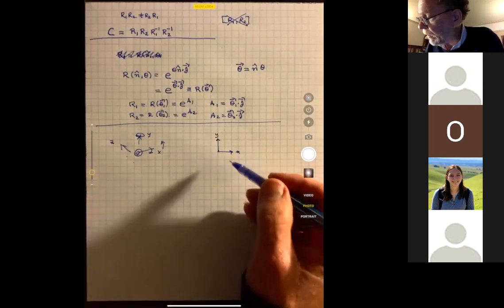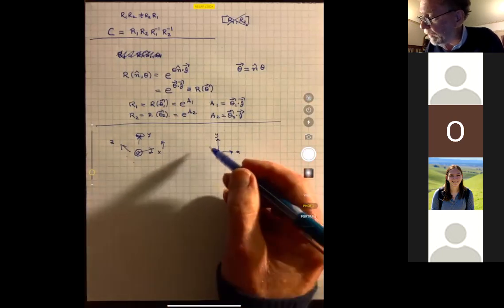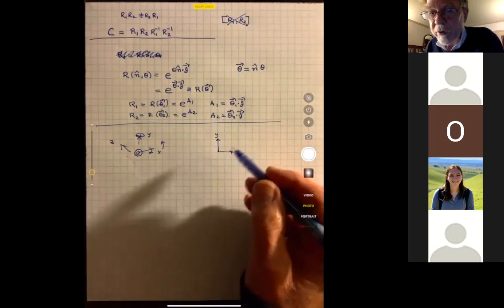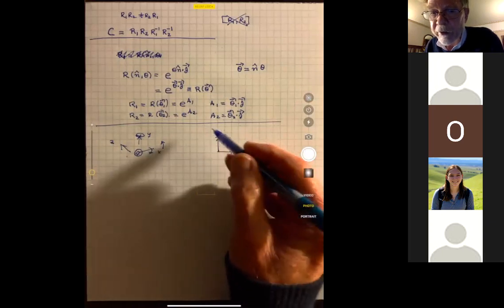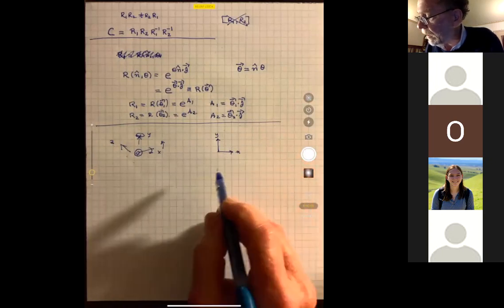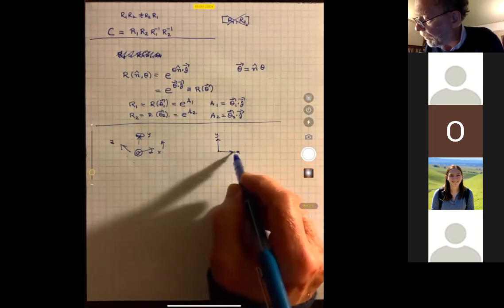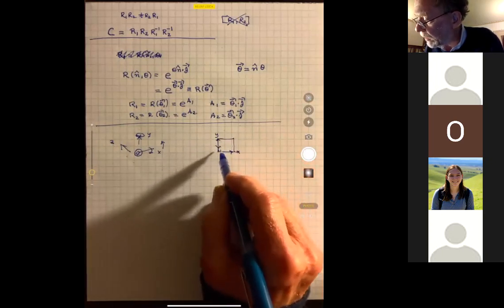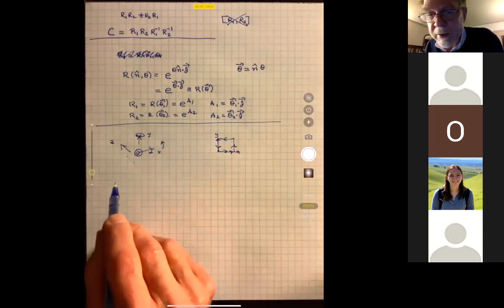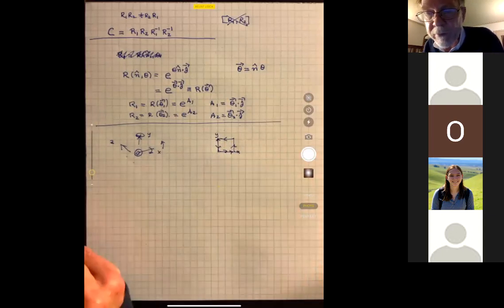It turns out that you rotate around X a certain amount, and then rotate around Y a certain amount, and then unrotate around X that same amount, and unrotate around Y the same amount. It's kind of like going along a square path in rotation space. When you come back to where you started from, you don't have the identity rotation, but rather you have a rotation about the Z-axis.